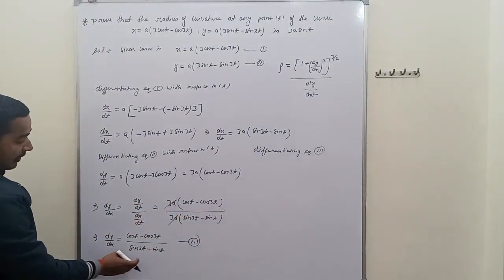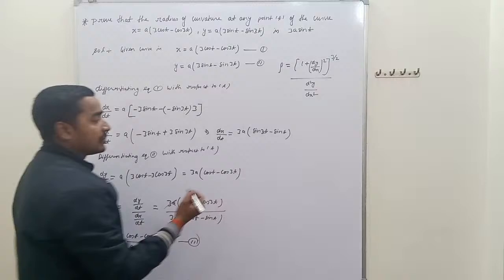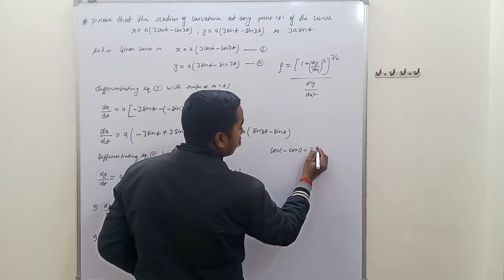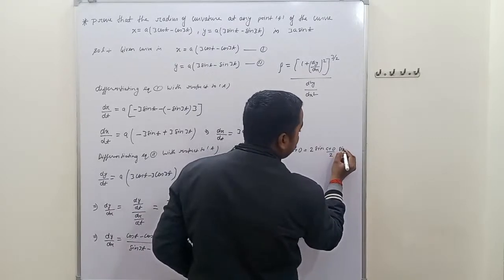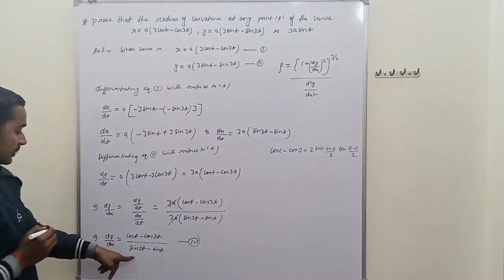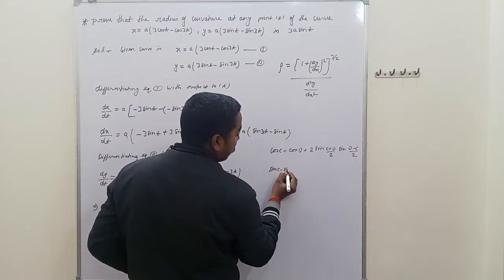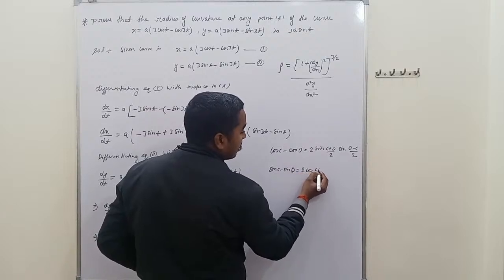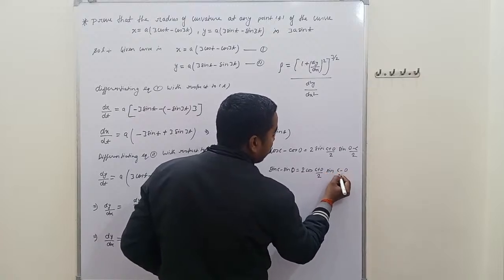We can also modify equation third using the formula: cos c − cos d is written as 2 sin((c + d)/2) sin((d − c)/2), and we can also use the sin c − sin d formula, which is 2 cos((c + d)/2) sin((c − d)/2).